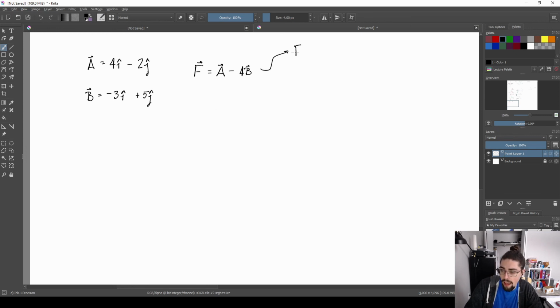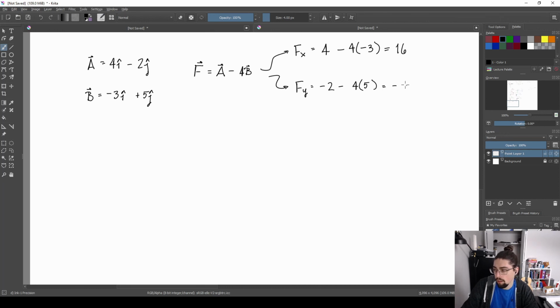So f of x is the x component of A minus 4 times the x component of B, or positive 16. I can do the same thing for f of y: the y component of A minus 4 times the y component of B, which is negative 22.